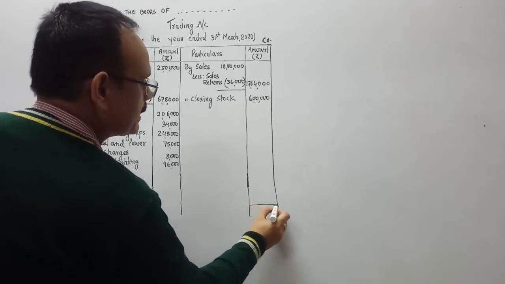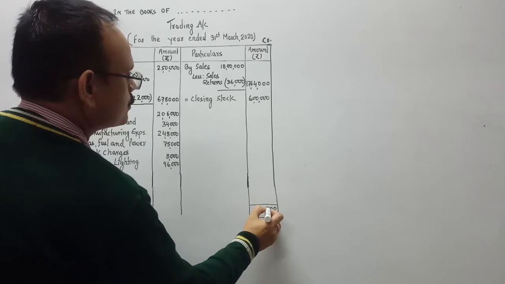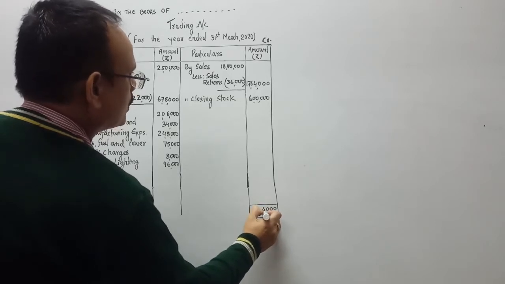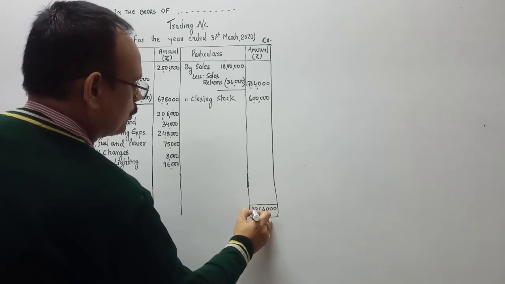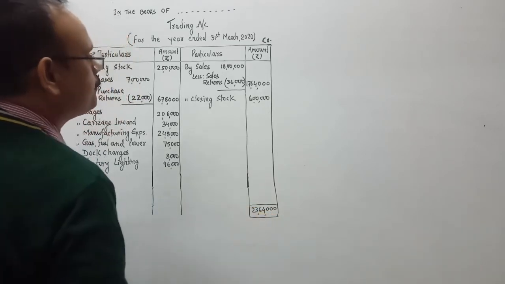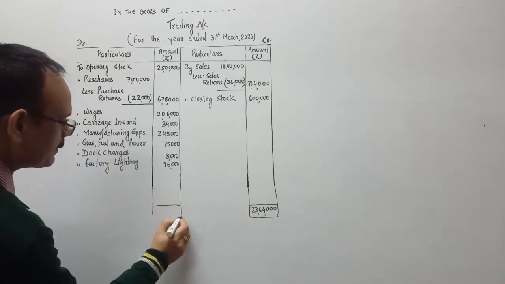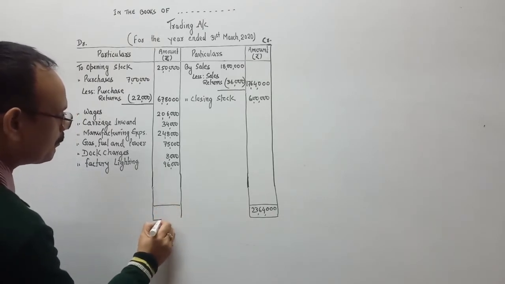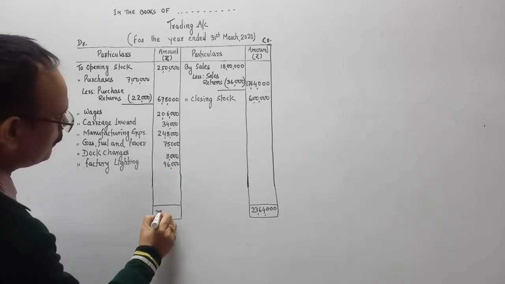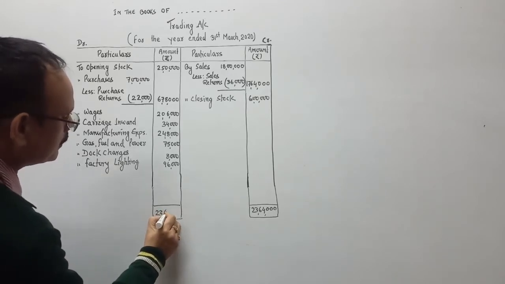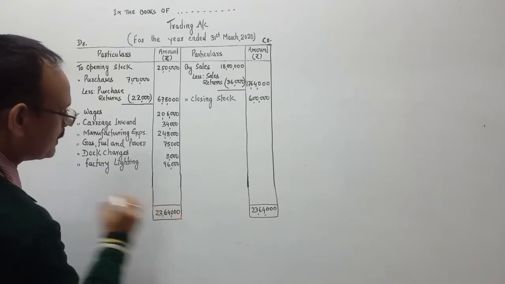The credit side total is 23 lakh 64,000. Write the same total on the debit side. Thereafter we will find out the difference.